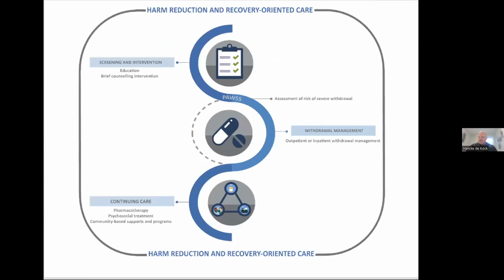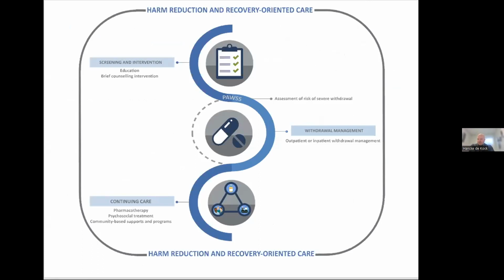So this slide is a review of the AUD clinical pathway, and this is how to visualize where withdrawal management fits into the continuum of care. The AUD clinical pathway begins with screening and brief intervention.